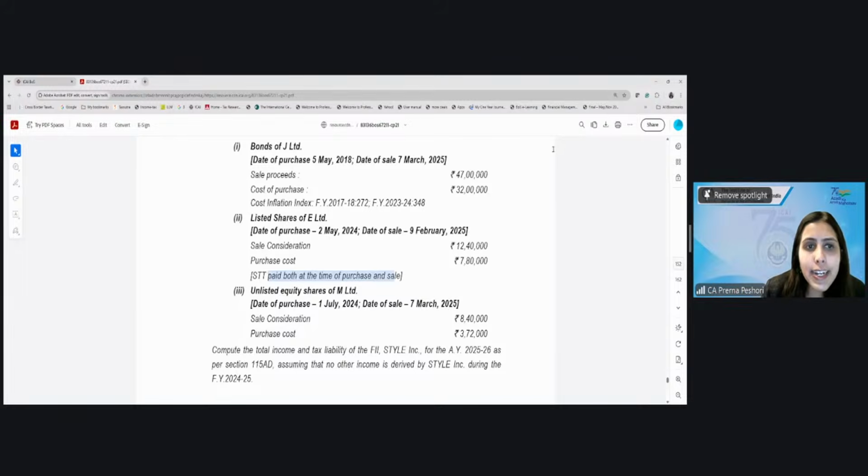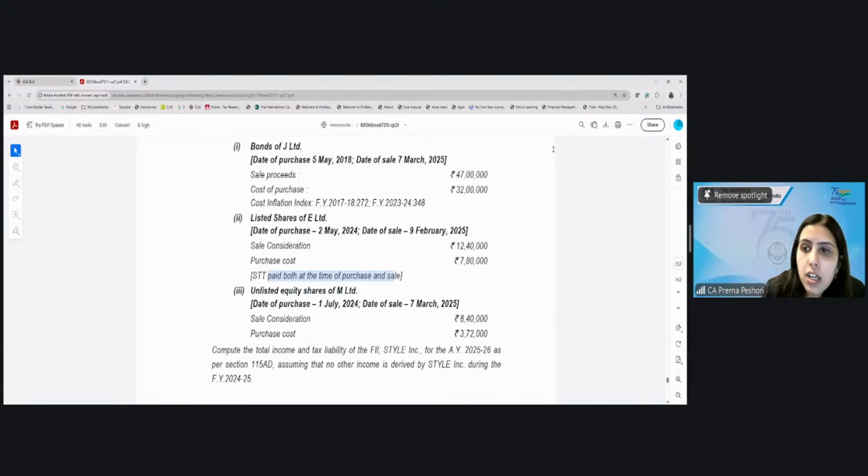What is the period of holding? Less than 12 months. So therefore, in that particular case, what will be my tax rate? This will be 20% STCG. Yes. So sale consideration 12 lakh 40, cost of acquisition 780. On 4 lakh 60, I will charge 20% directly.